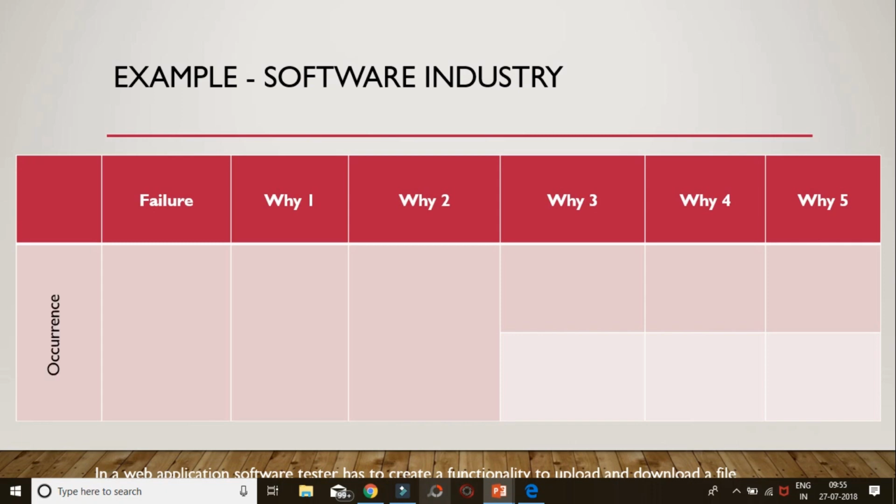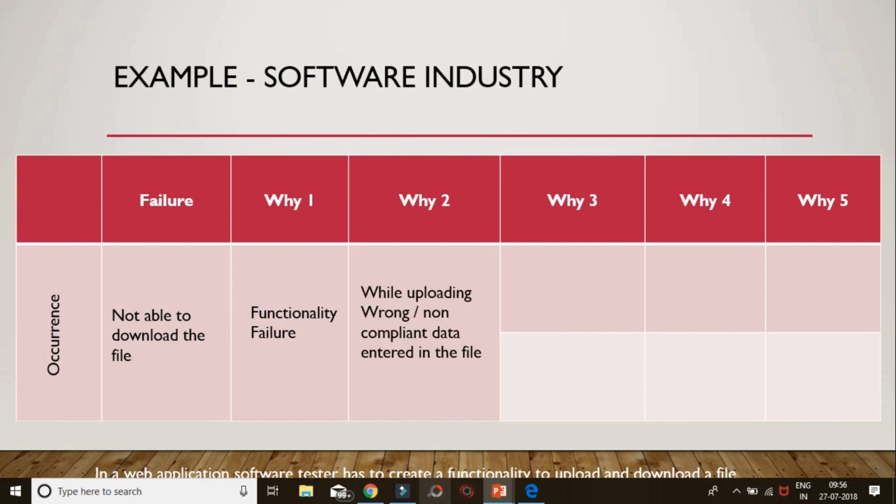At occurrence, the failure is that the end user is not able to download the file. He is able to upload but not able to download the file. When the first why was asked, the answer is the functionality failure. And why did this functionality failure happen? Because while uploading, wrong or non-compliant data was entered in the file by the end user.